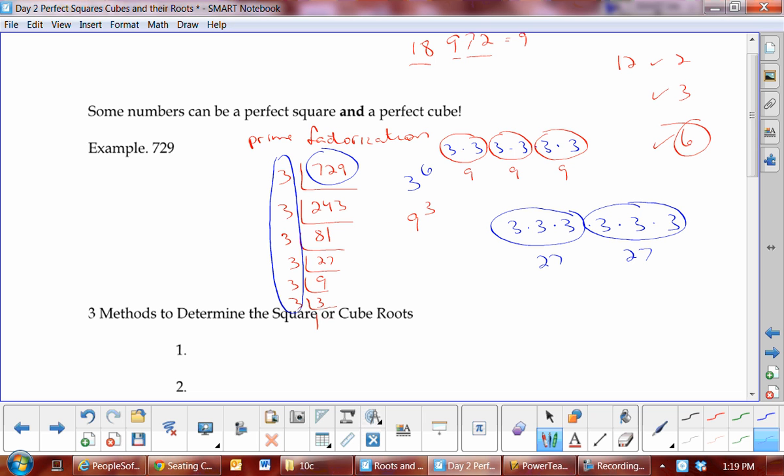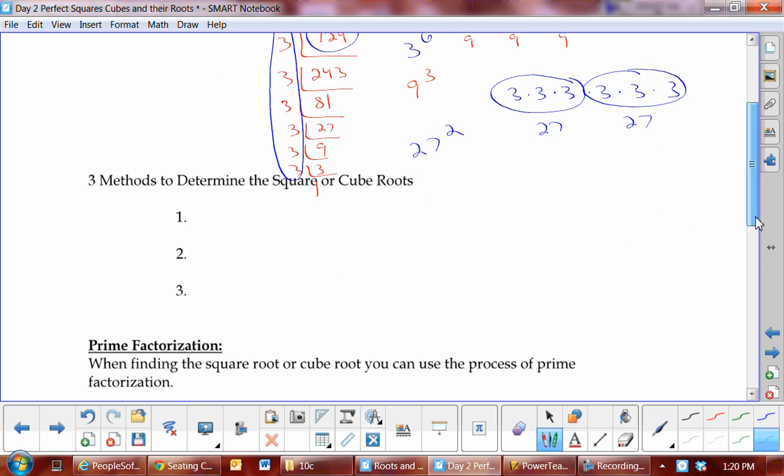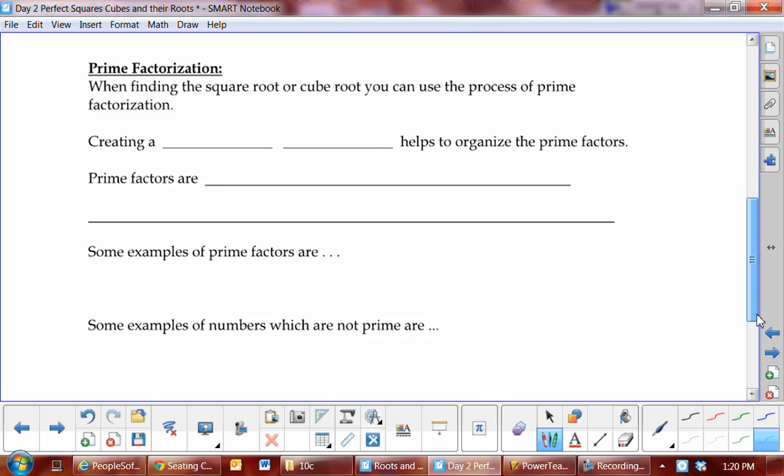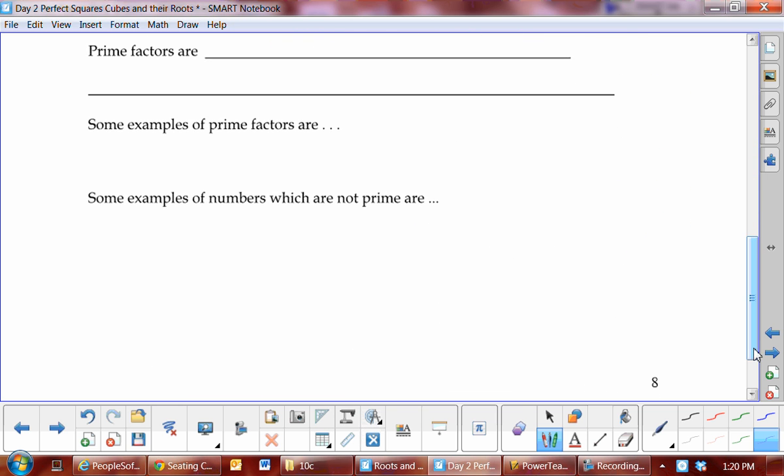Which is 27 squared. Now only one is the prime one. That's 3 to the 6. But the other are correct answers. So you can see by just doing your grouping. Okay? And we're just going to skip the 3 methods right now, and we're just going to go some examples of prime factors.